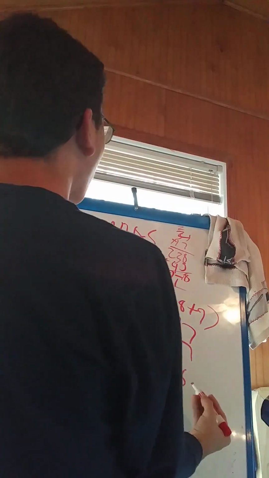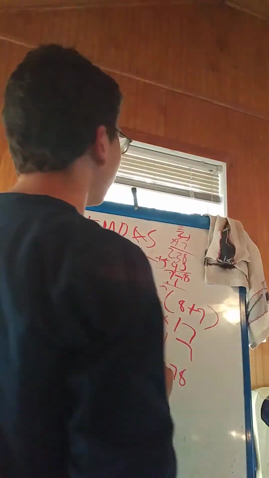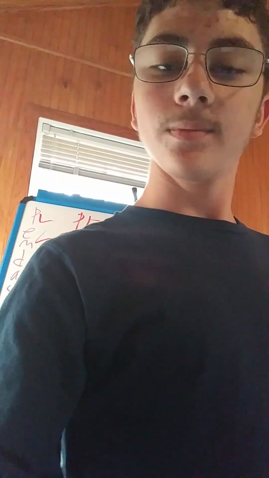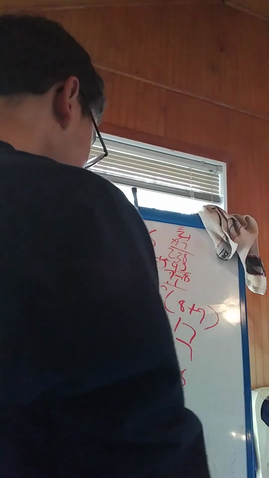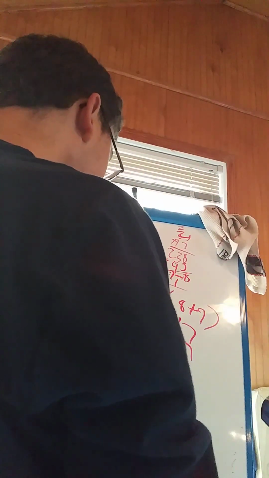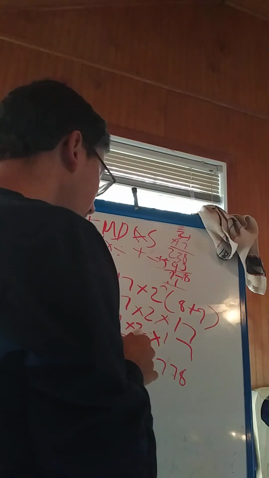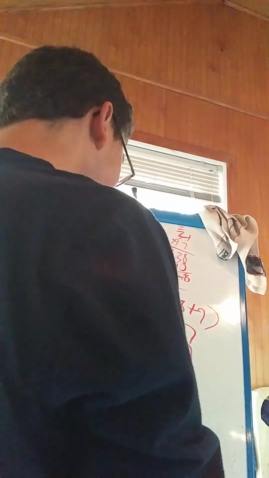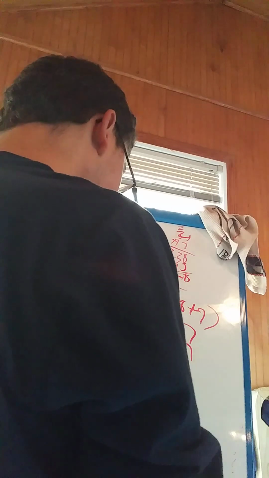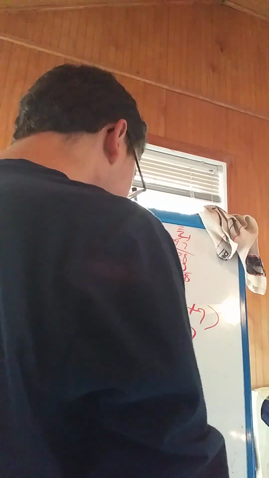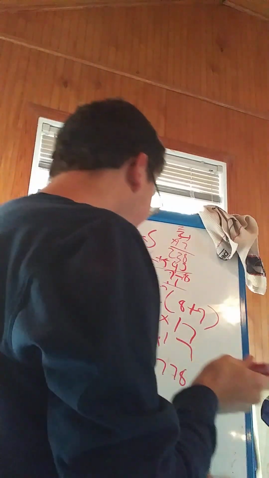We still have more multiplication. So we need to times that, and I'm going to be right back. So we take 34 times 778. Okay, let's do that again. So take the bigger number, 778.